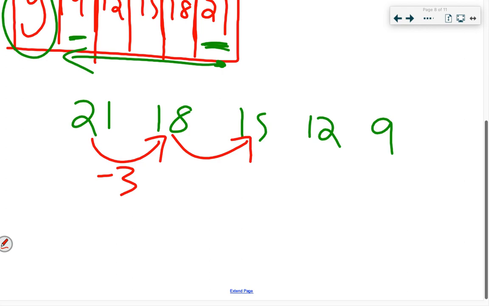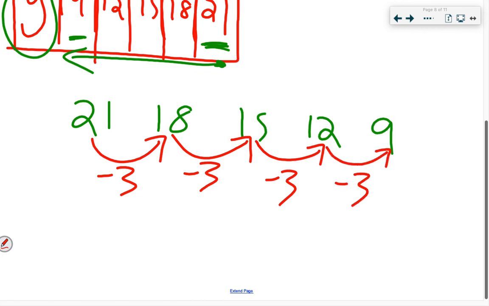To get from 18 to 15, you subtract 3. To go from 15 to 12, you subtract 3. And to go from 12 to 9, you subtract 3. Well, that's our first difference, right? And I'll abbreviate again. Well, if the first difference is the same, we know that the function has to be linear.